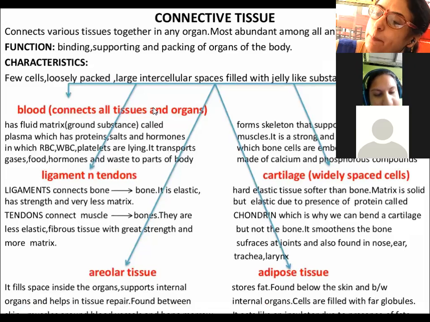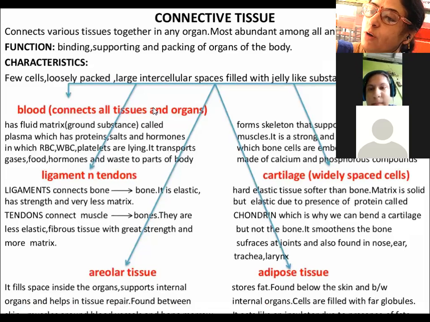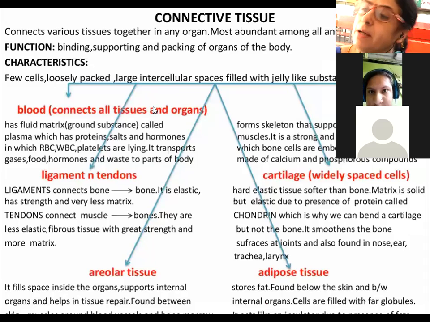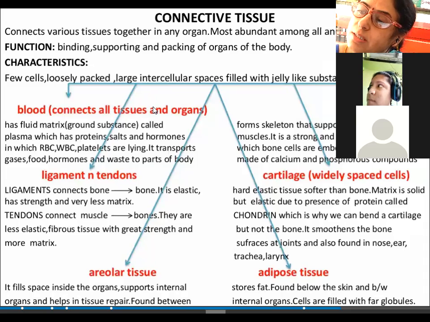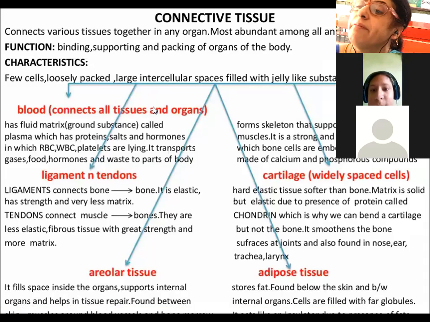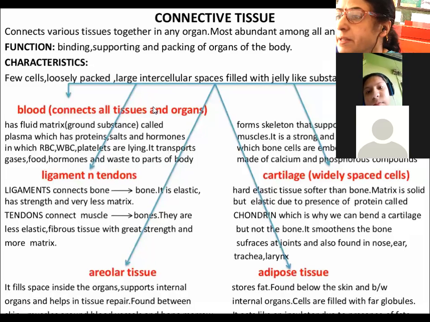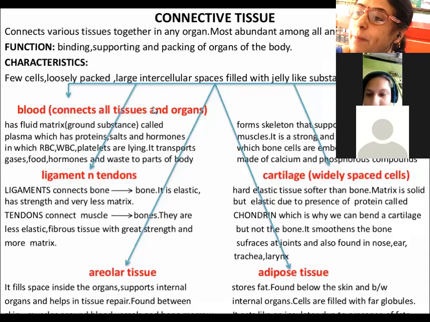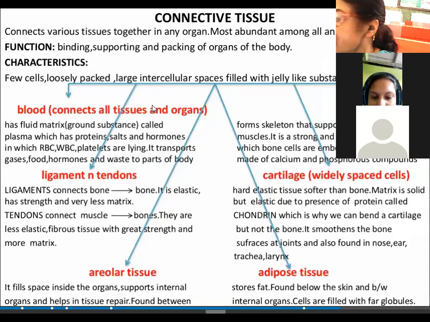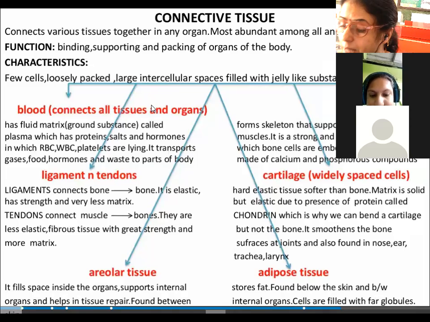As soon as the platelets come in contact with atmospheric oxygen, they release a chemical which causes blood clotting and helps in stopping the bleeding, right? So what is the function of platelets? It helps in stopping the bleeding from our blood. It helps in the clotting of the blood.